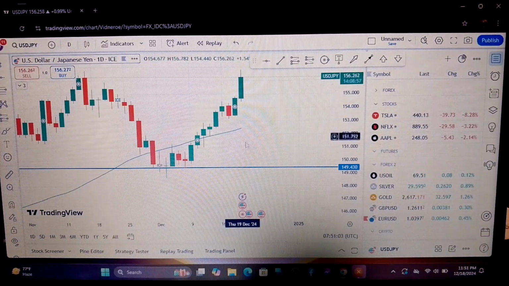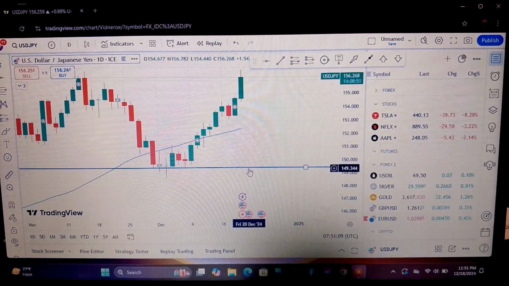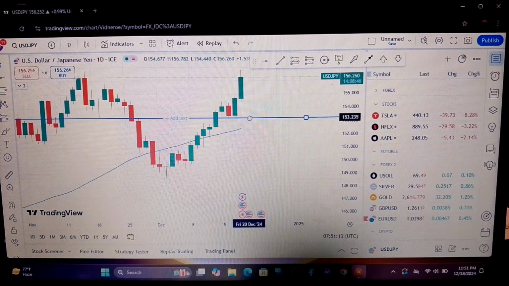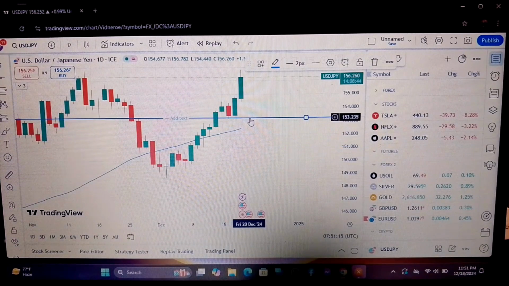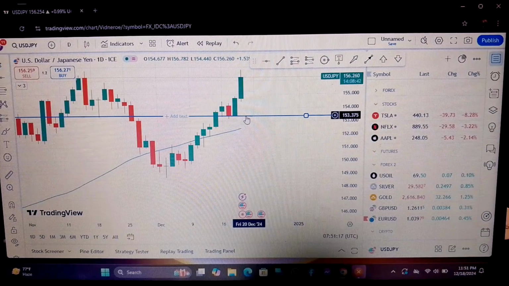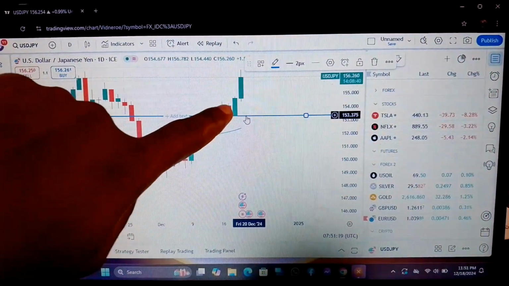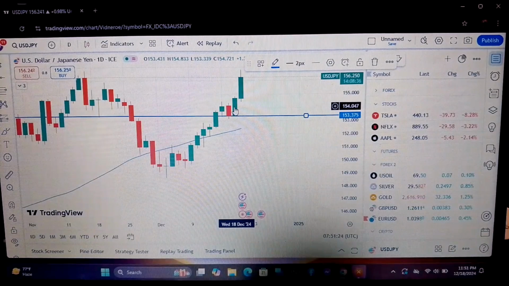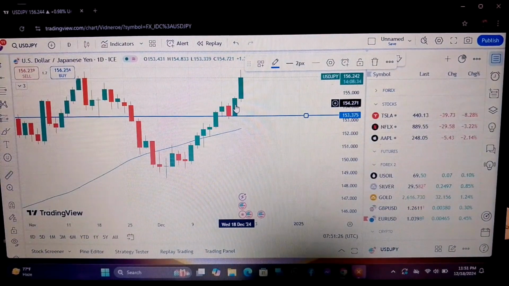So how did I get into this market? We know that the monthly, weekly, daily, and even 4 hour time frames are bullish. So all I needed to do was to come over to this particular point and wait for this green candle to form the next day.